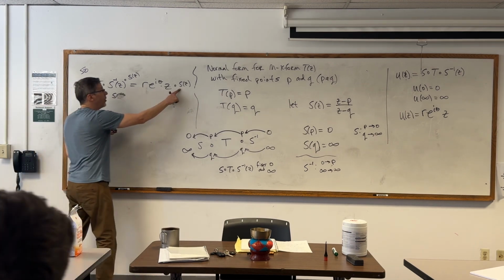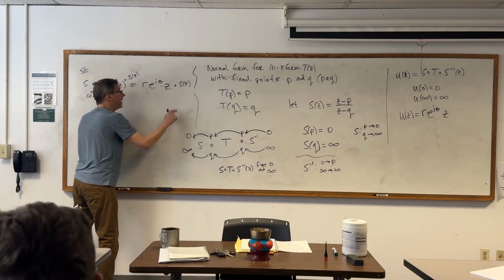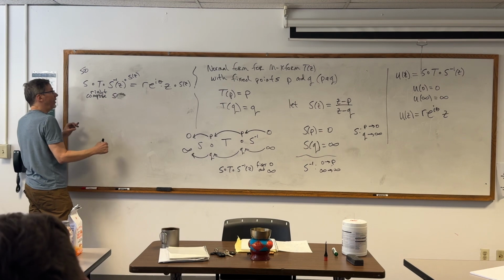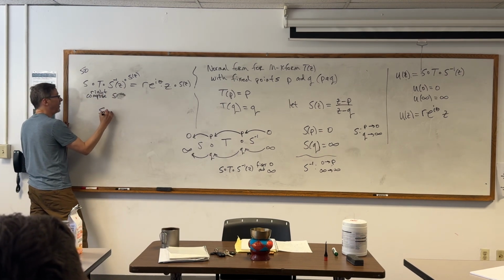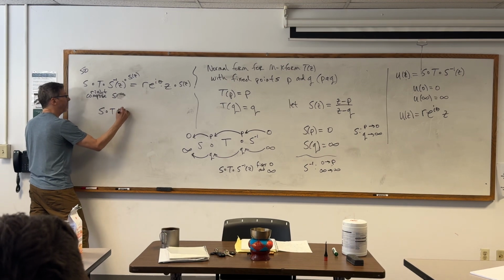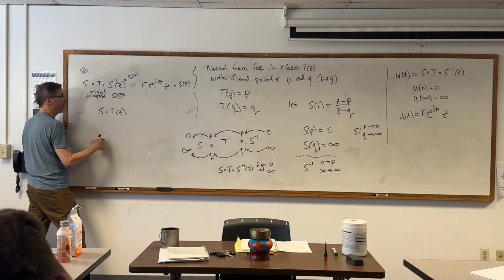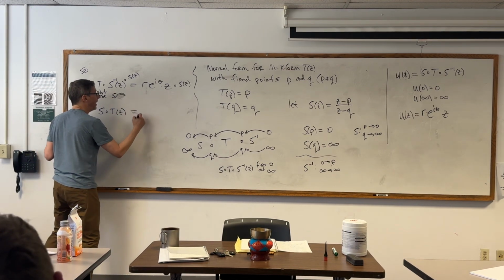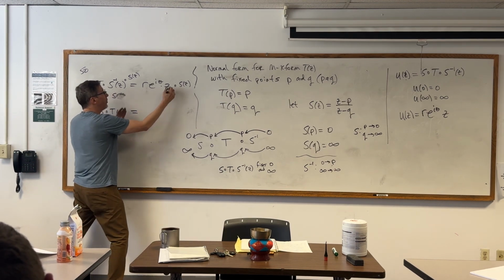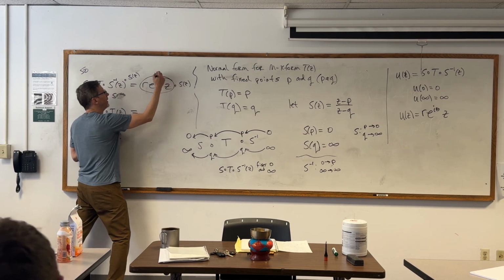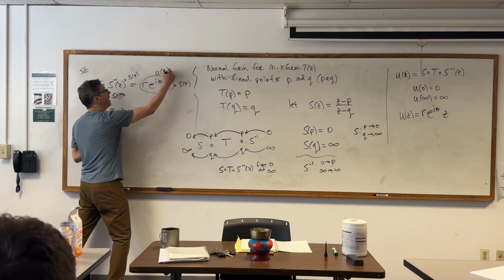So I'm going to compose S of Z over here. This left side will become S composed with T of Z, and the right side is going to be this thing composed with S of Z. Well, think about what this function does. This is actually the U of Z, right?